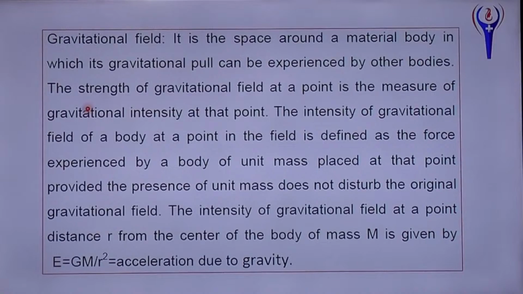What is electric field? Region or space around an electric charge where it experiences a force. What is magnetic field? Region around a magnet where it experiences a force. Same like that, the space or region around a body where it experiences a gravitational pull is the gravitational field. Formula: E equal to GM by r square.